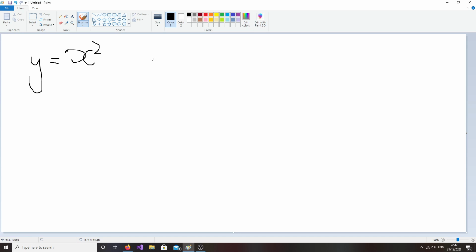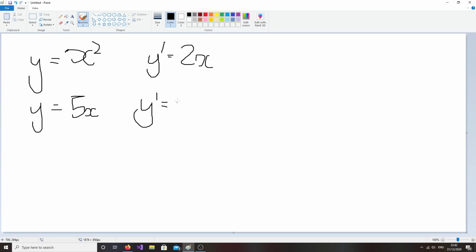Another way of saying you've differentiated y is putting a dash next to the y. So x squared gives 2x, 5x gives 5, and y equals 4 differentiates to 0.